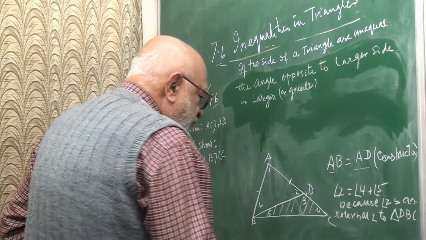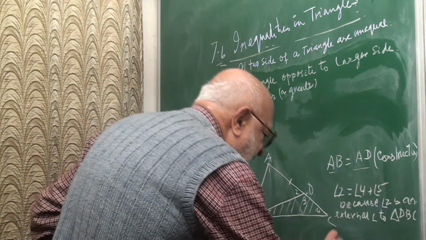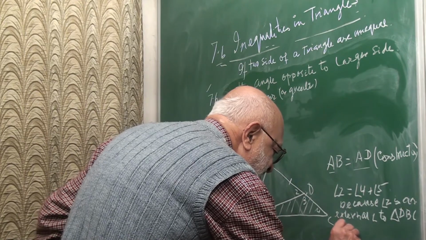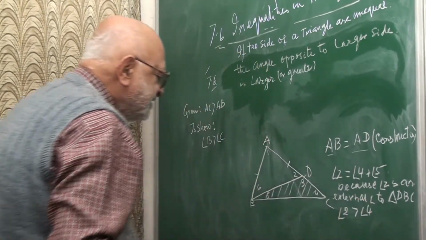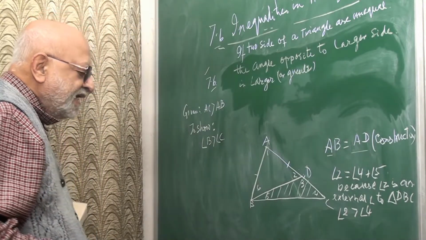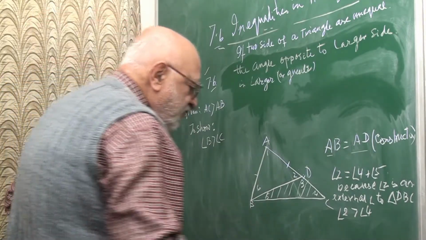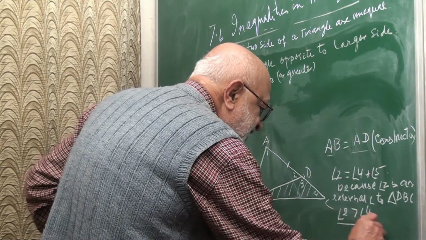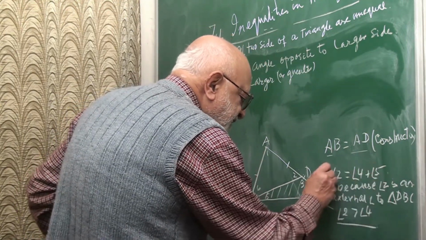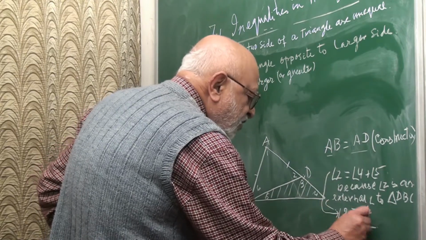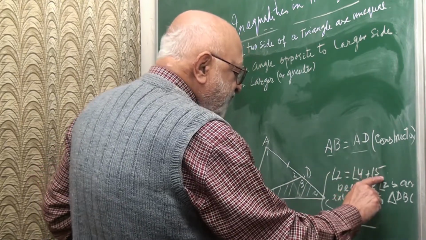So therefore, I can write angle 2 is greater than angle 4. Accepted? This is accepted because I have taken out angle 5 from here.